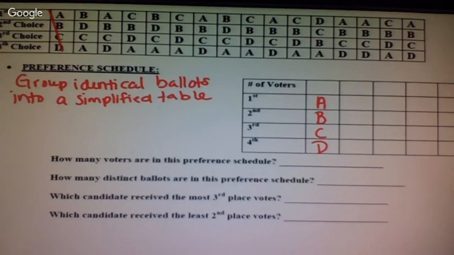A, B, C, D. So here's 2, 3, 4, 5, 6, and 7. So right above that column, you're going to put 7. So instead of having 7 individual ballots, you now have one column with a 7 above it. That tells you that 7 people voted A first, B second, C third, D fourth.